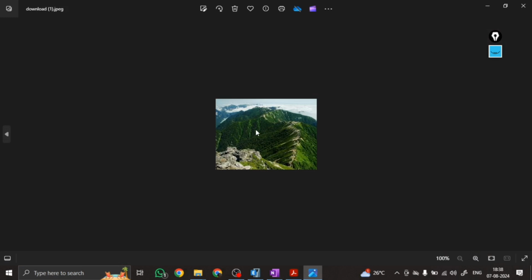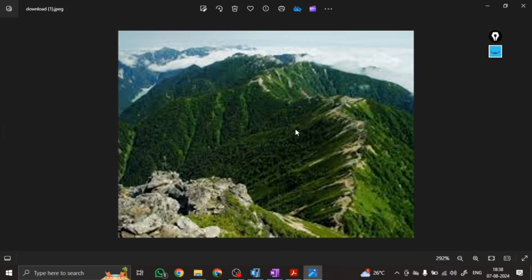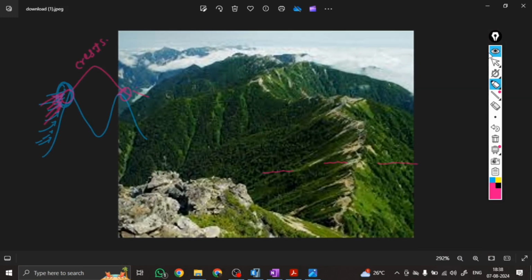See, this is our ridge. If ridges are present, then the wind will touch and decelerate the wind velocity.